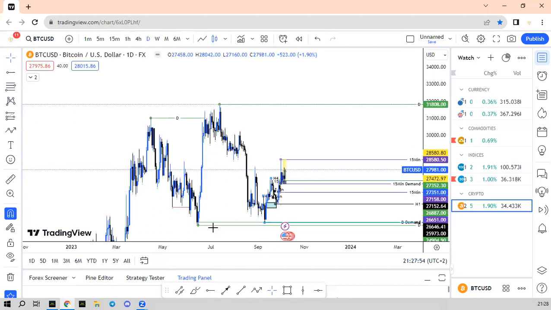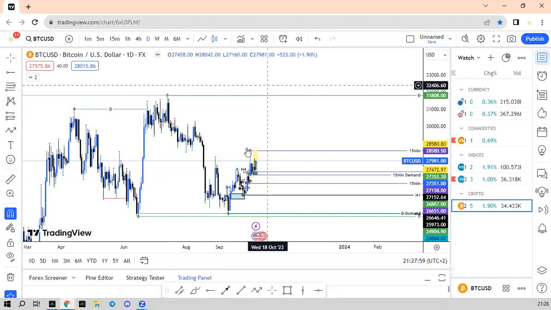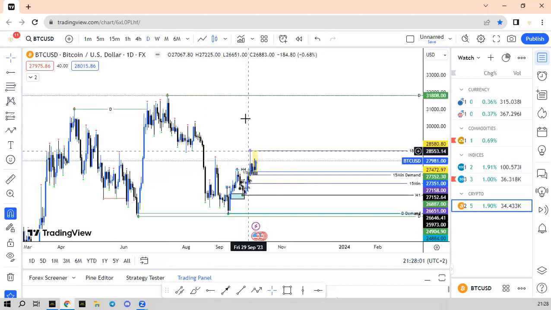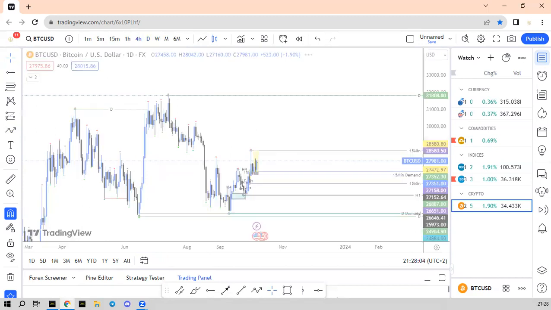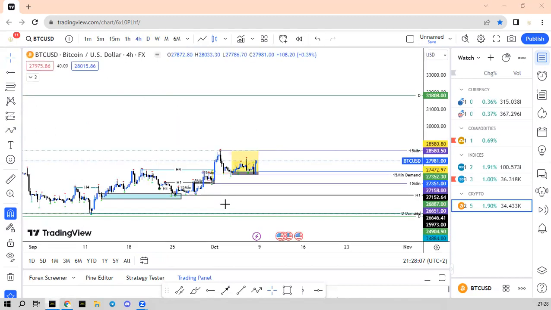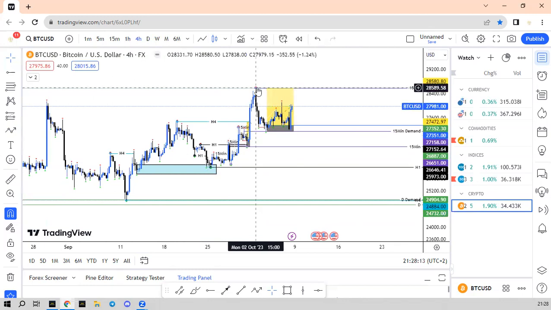We don't know if it's just going to continue all the way up or if it might give us something else. However, H4 range is also bullish.